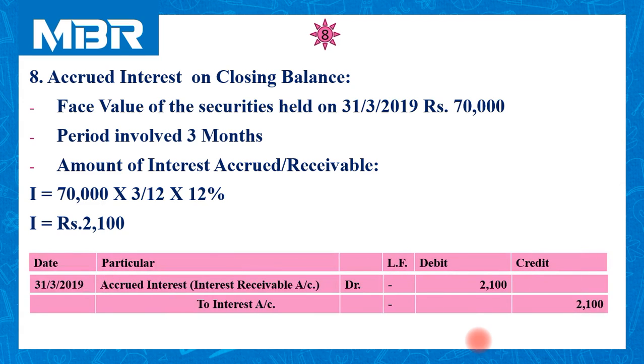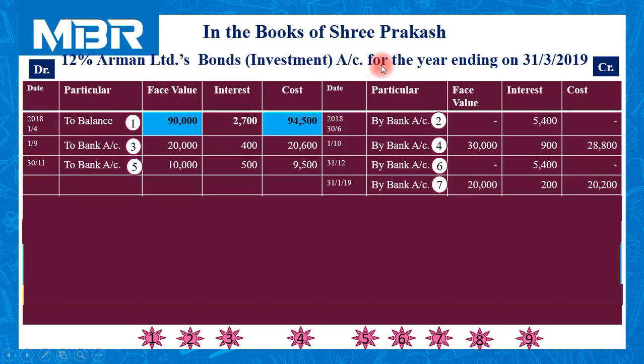Let us pass the journal entry for this transaction. Accrued interest account debited 2,100 to interest account 2,100. We need to enter this entry into the ledger. 31st March 2019, last day of the accounting year, by interest receivable or accrued interest account 2,100.